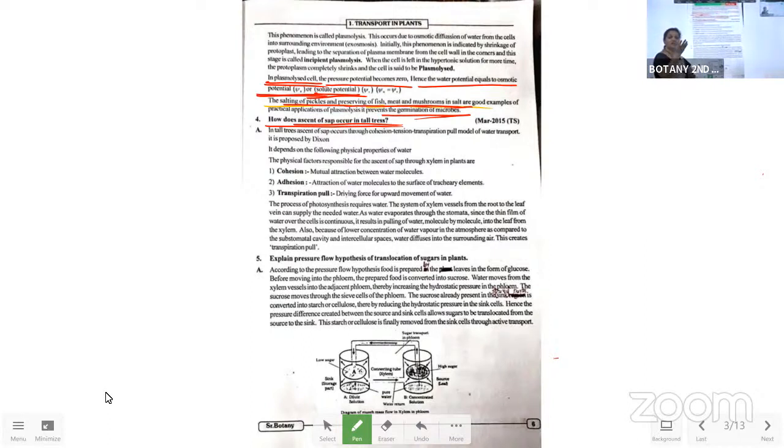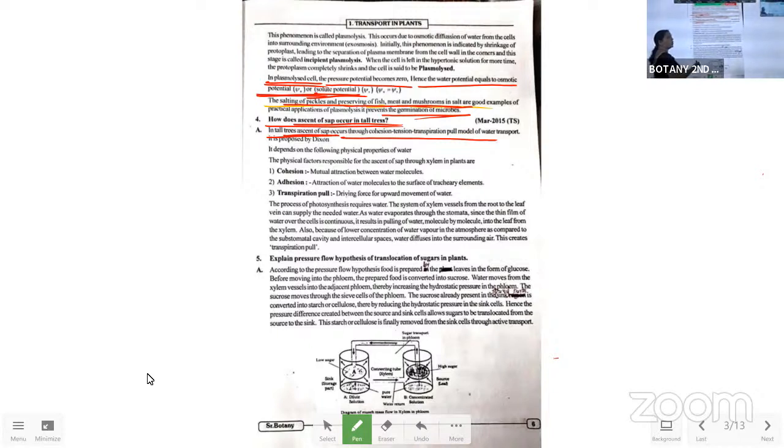That is nothing but the ascent of sap. Okay, if you know this, then we can say this answer also very easily. See, in tall trees, ascent of sap occurs through the cohesion and the tension and the transpiration. Cohesion, tension and the transpirational pull.